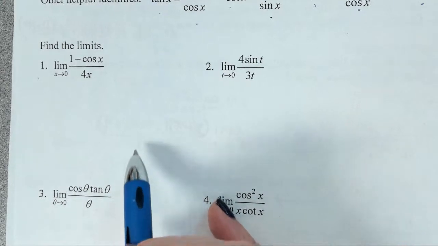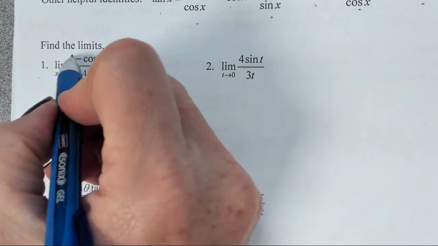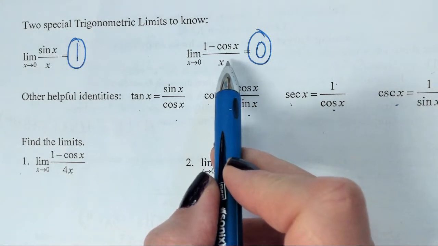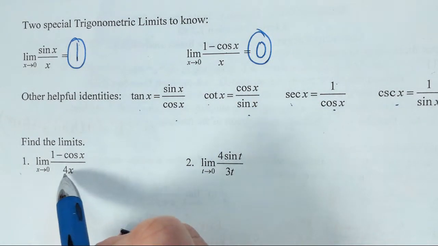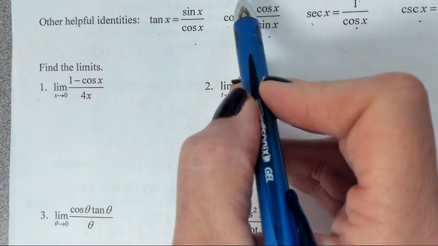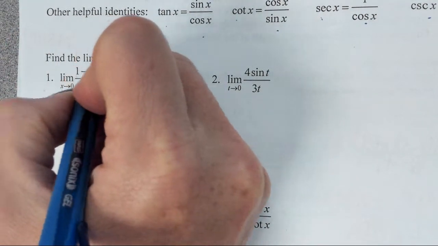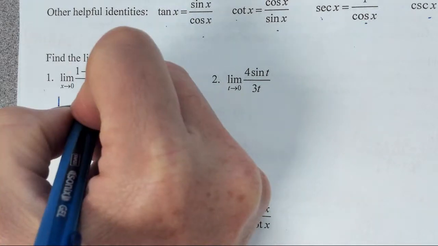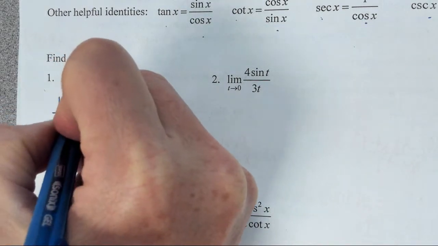All right, so how do we use those formulas? Well, right here, I am trying to get this exactly. There's a 4 that I can't have to get that exact problem. So here's what I'm going to do. I'm going to factor a 1 out of the numerator, and I'm going to factor a 4 out of the denominator.